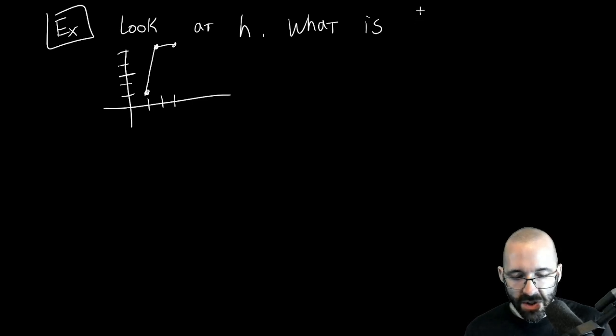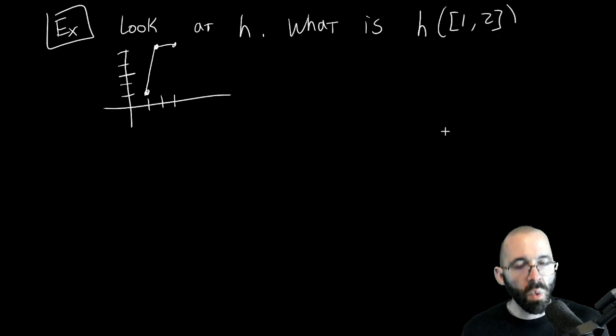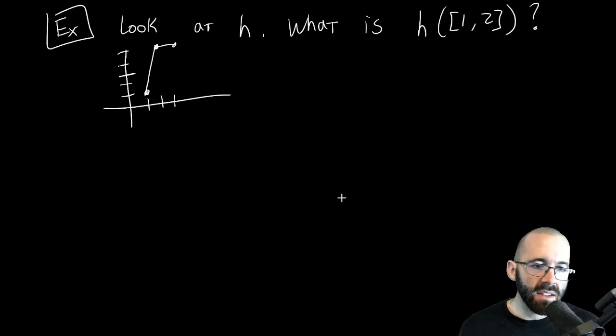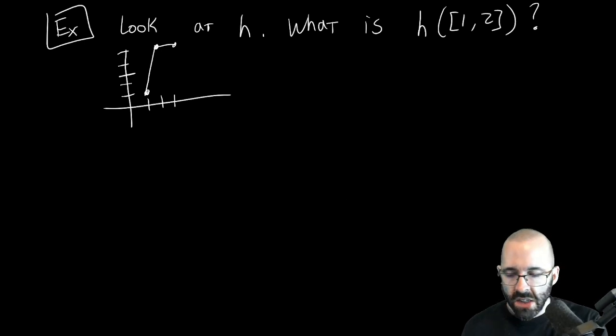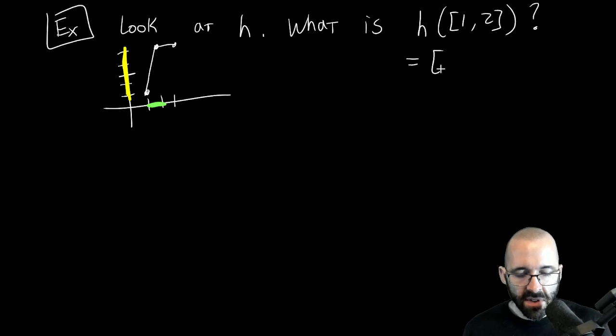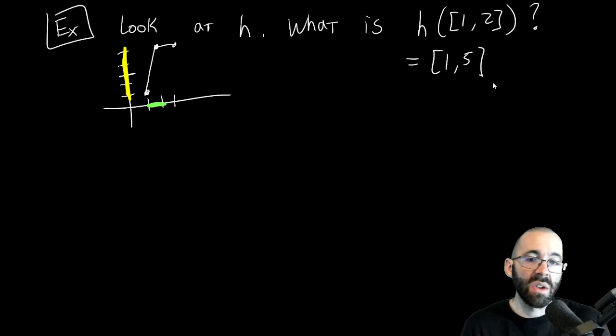What is the image of the set 1 to 2? Well, remember the image of a set is the set of all the outputs that come from those inputs. So what we can do is look at the inputs from 1 to 3 and see what outputs are covered in this subset of the domain. Here we can see that all the outputs from 1 to 5 are covered. That tells us that the image is actually the whole entire range, 1 to 5.